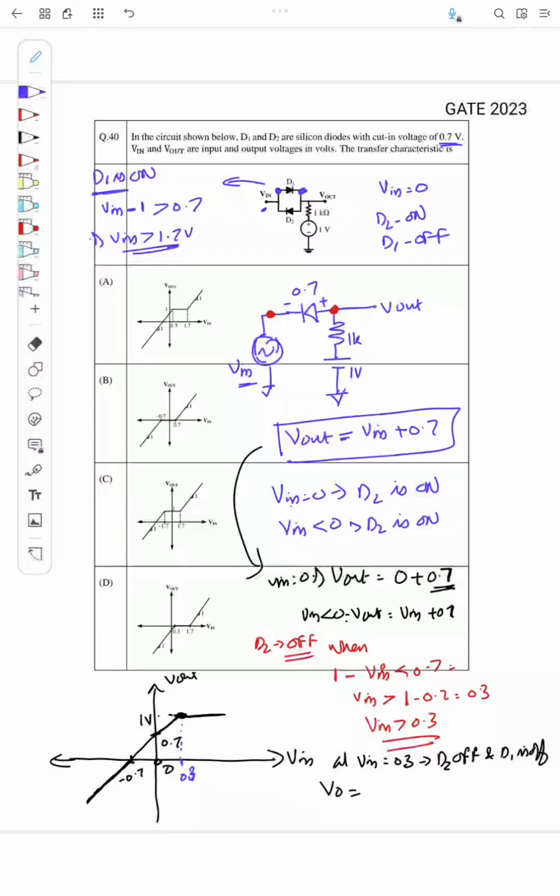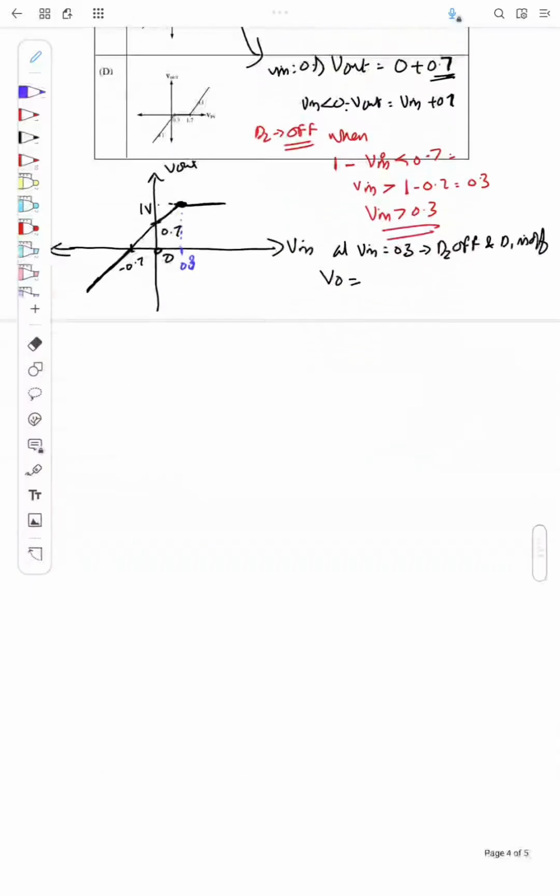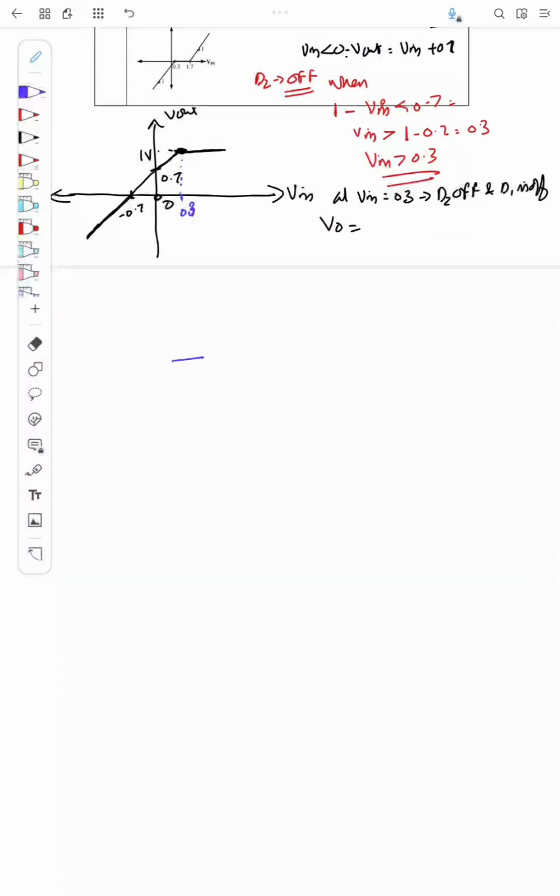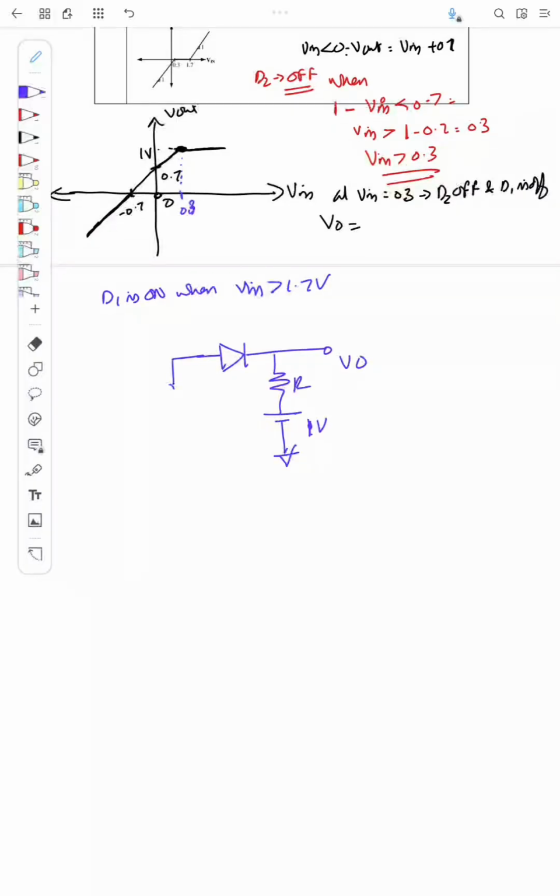When D1 is on, what will be Vout here? I will draw it here. D1 is on when Vin is greater than 1.7 volt. This is 1 volt, I have a resistor, this is Vout, and I have Vin.